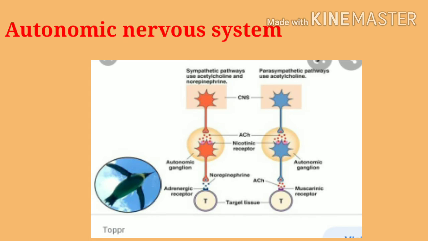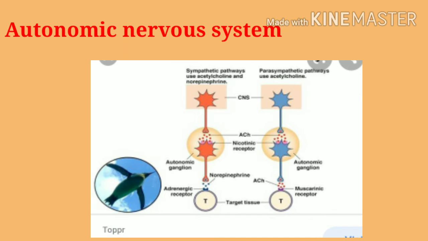When we see the sympathetic nervous system, it is also called the thoracolumbar outflow. It consists of 22 pairs of sympathetic ganglia, which are located on a pair of sympathetic cords on the lateral side of the spinal cord. The preganglionic nerve fibers are short and postganglionic nerve fibers are long.